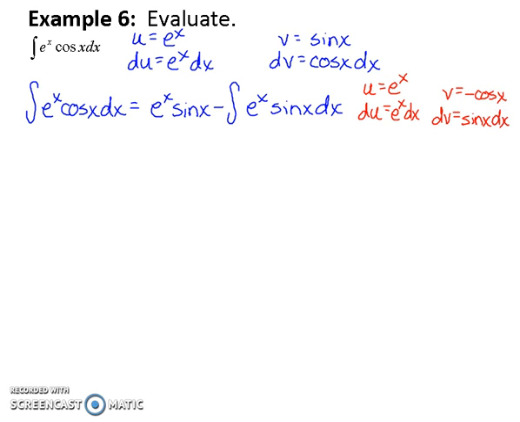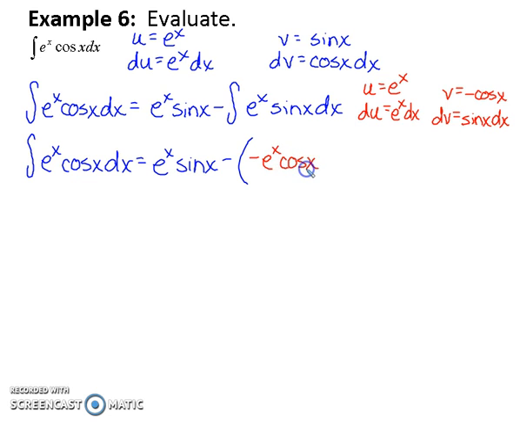So that makes this the integral of e to the x cosine x dx equals e to the x sine of x minus this u times this v, so that would be negative e to the x cosine x minus the integral of this v times this du, so that would become a plus e to the x cosine x dx.